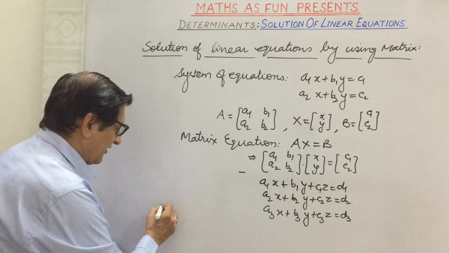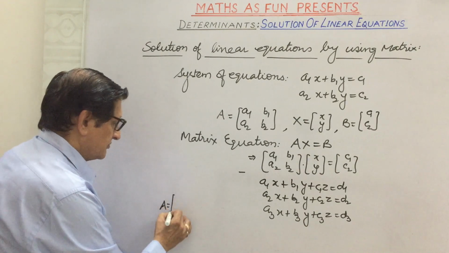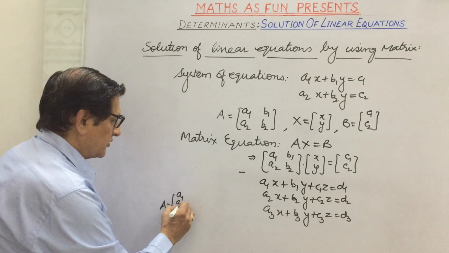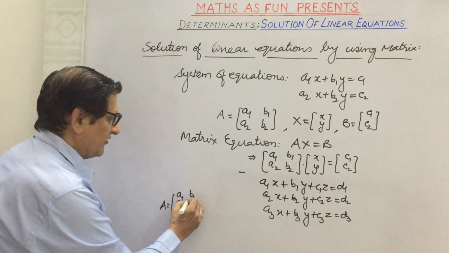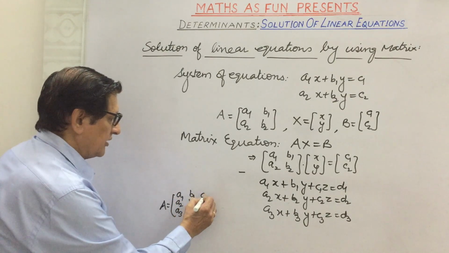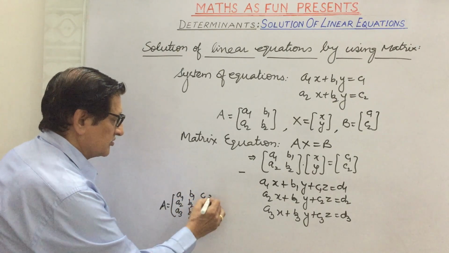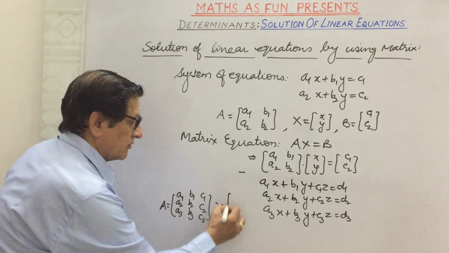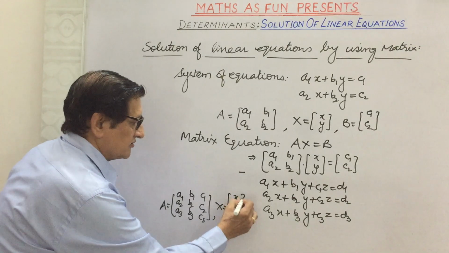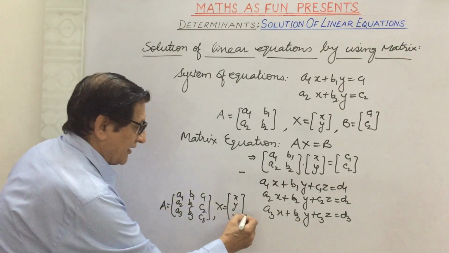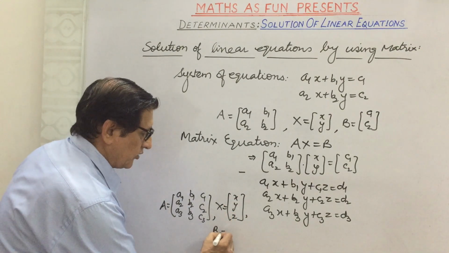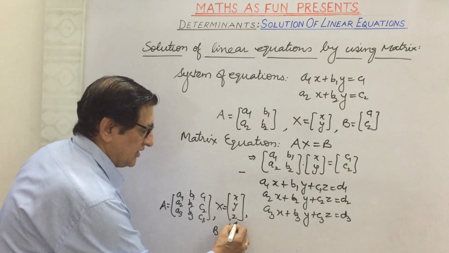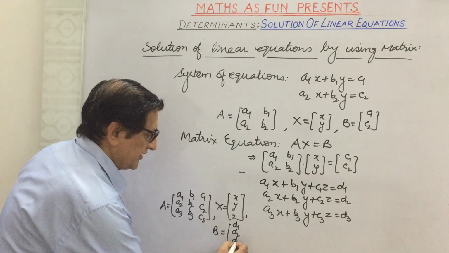Then here we will have A as a1, a2, a3, b1, b2, b3, c1, c2, c3. X will be x, y, z, and we will have B equal to d1, d2, d3.